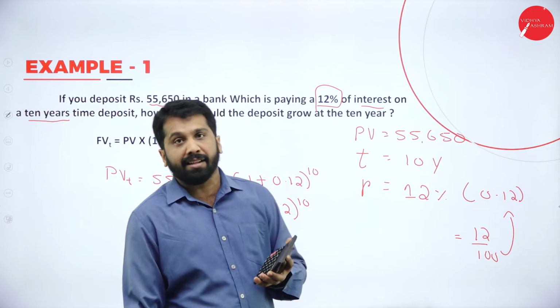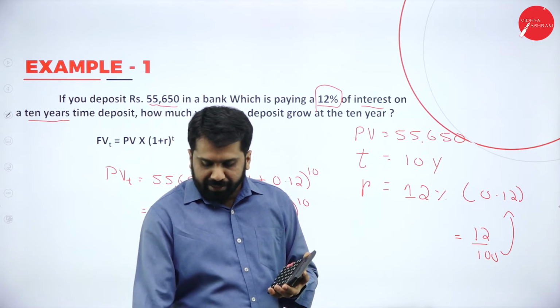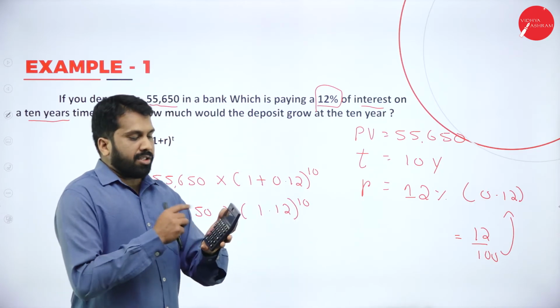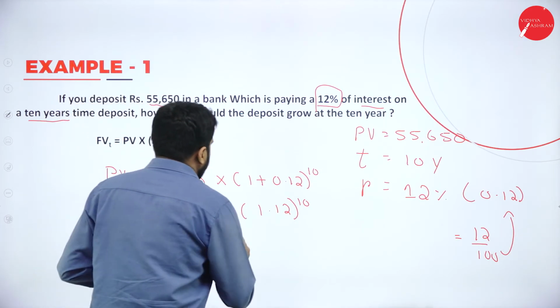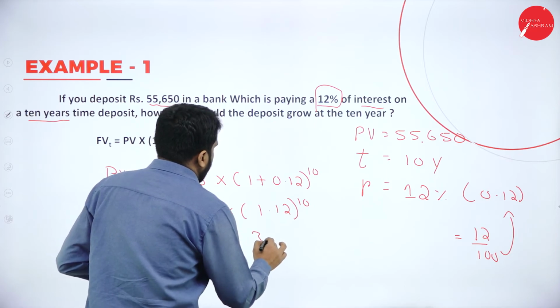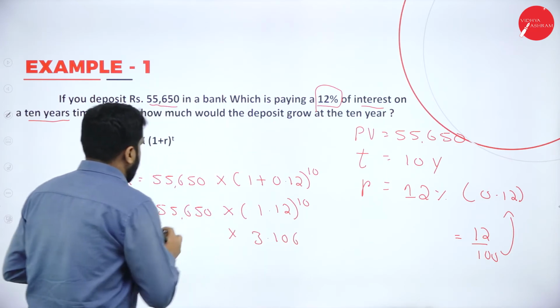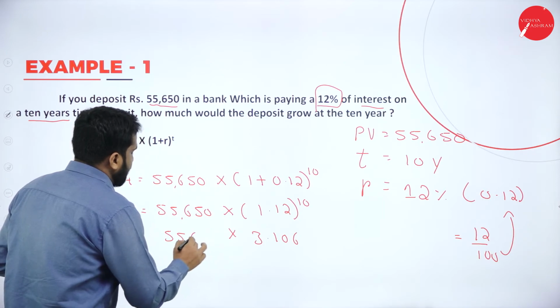You are supposed to calculate this 10 times. So if you calculate this, you will get 3.106. How much you will get? 3.106. Here how much will remain as it is?